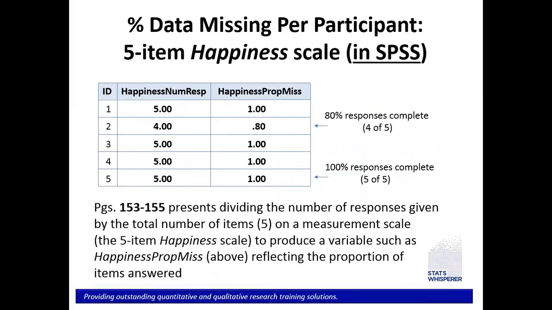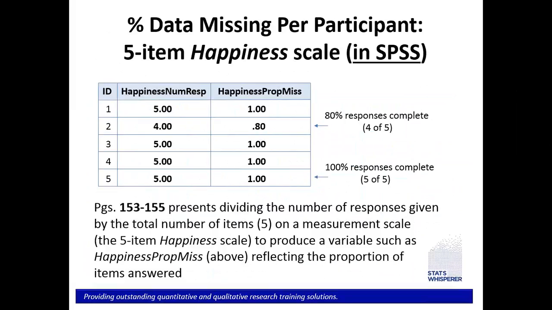To the right, we have happiness prop miss. So that's the proportion of missing data, actually the proportion of valid responses, right? So what we do here is we use the transform function on pages 153 to 155 to divide the number of responses given for ID 2, that's 4, by the total number of items on the happiness scale. That's 5.